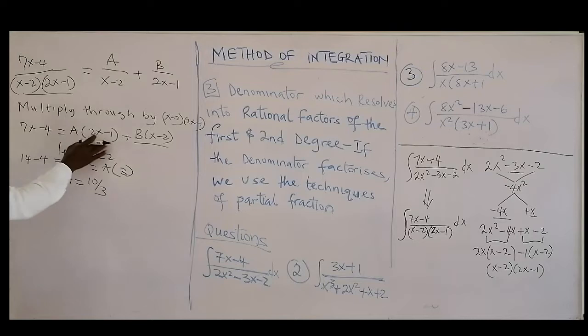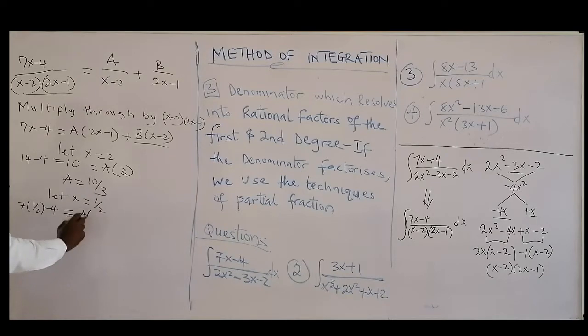I can cancel this A if I let x be equal to half, so this will become 0. So 7 times half minus 4 equals, A will go, then we have B into bracket half minus 2.